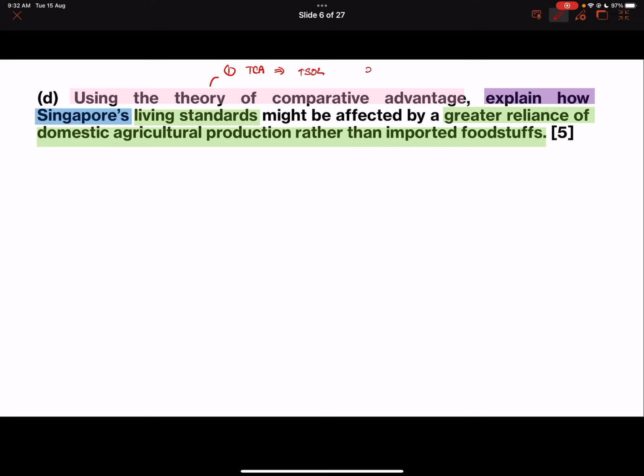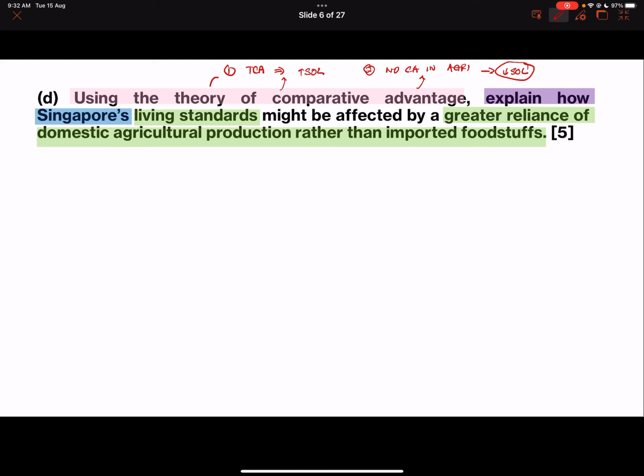And then say that Singapore doesn't have a CA in agriculture, and therefore if you continue to specialize in it, it will decrease SOL. So there are 2 parts to my answer, right? I want to say, okay, here's what the TCA says you should do. What you are recommending is against the theory of CA, and so this is your outcome.